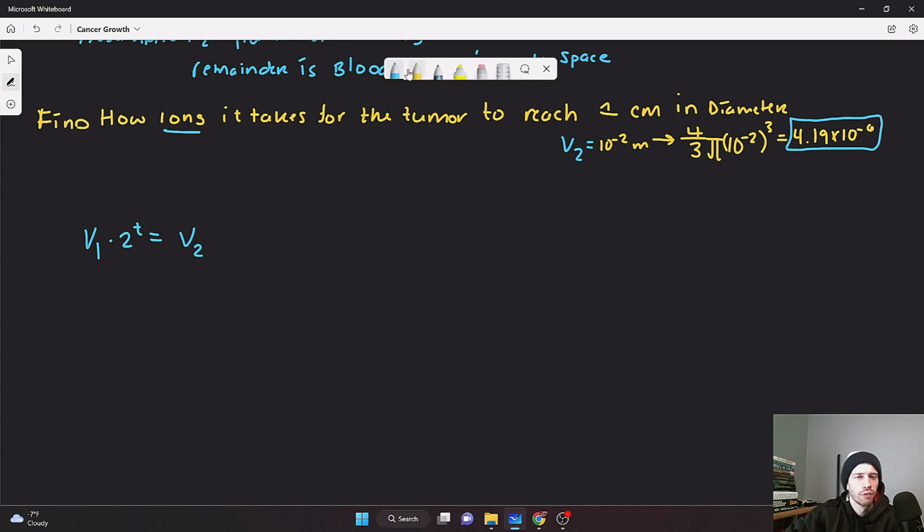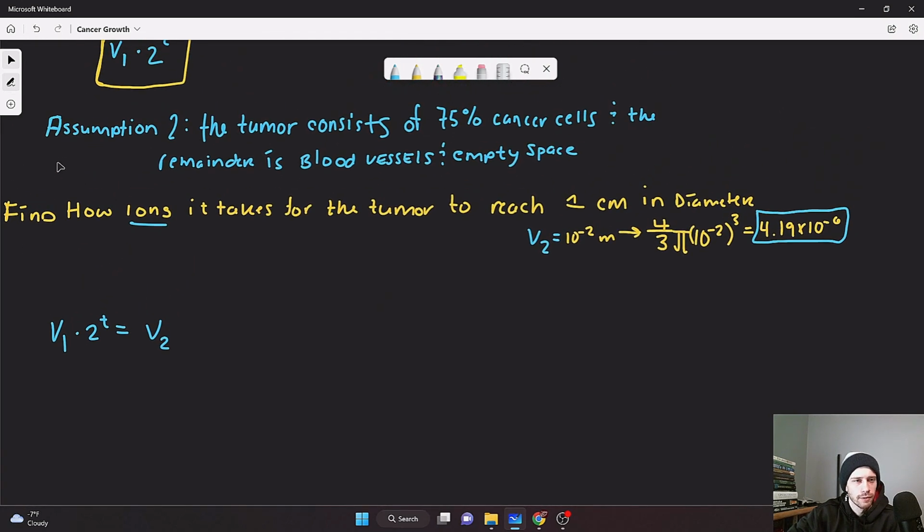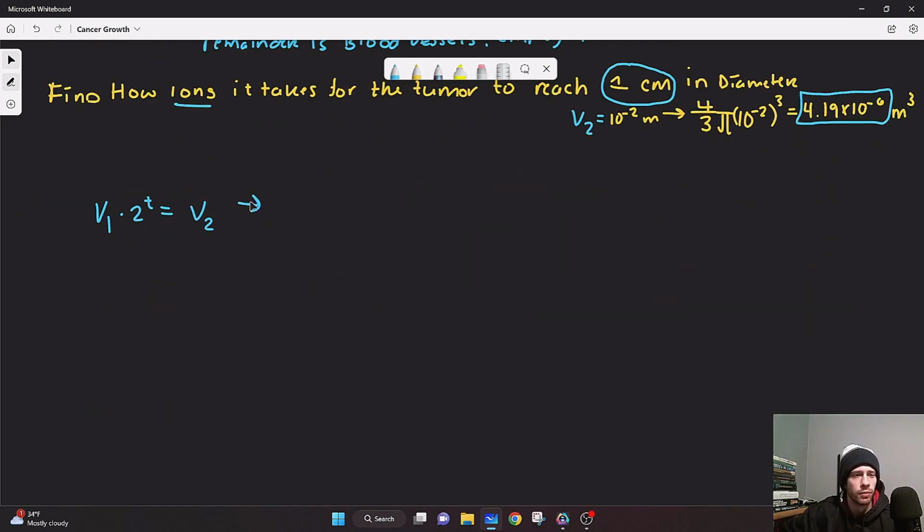I will write it all out for us, so bear with me, I might just skip ahead to it. And so we can begin to solve for our t. To do that, we can divide both sides by V1, and we get 2^t is equal to V2 over V1.